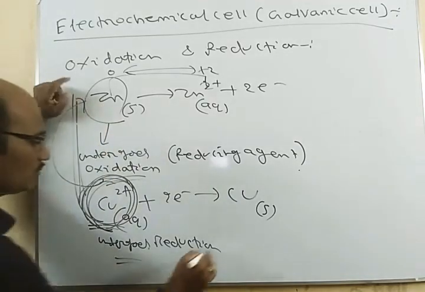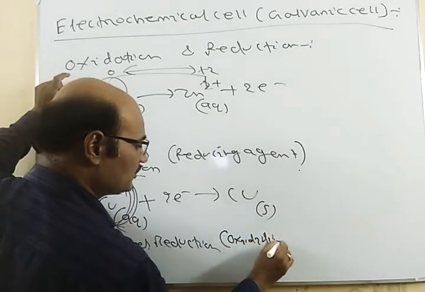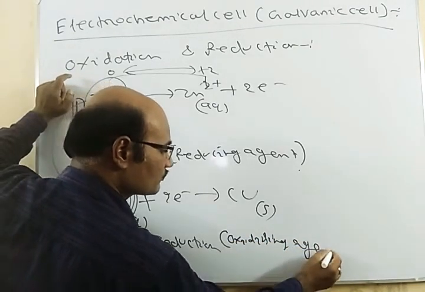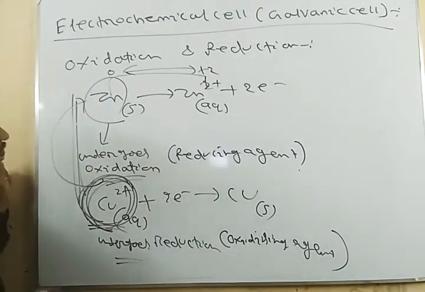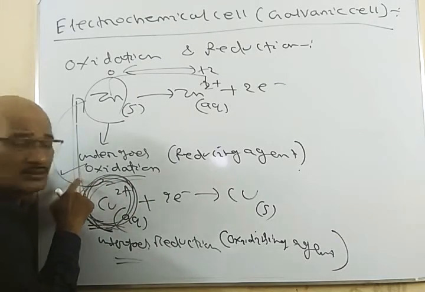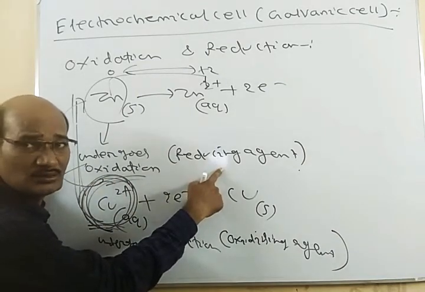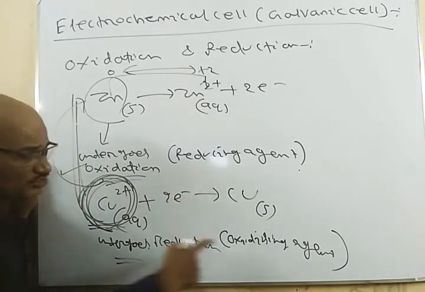So this is the oxidizing agent. The substance whose oxidation is taking place is the reducing agent. The substance whose reduction takes place is the oxidizing agent.